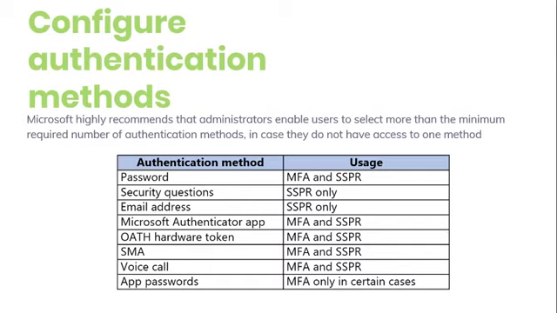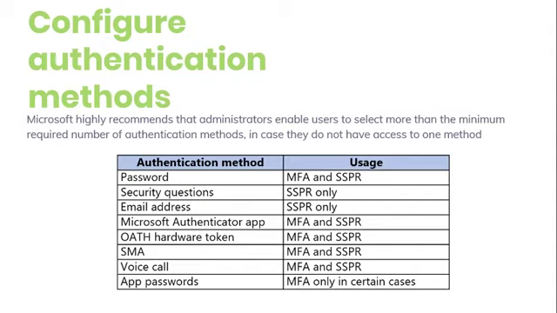Now we come to configure authentication methods. This module previously discussed Azure MFA and self-service password reset, SSPR, in Azure AD. This service might require additional information to confirm your identity. This additional information is called an authentication method.